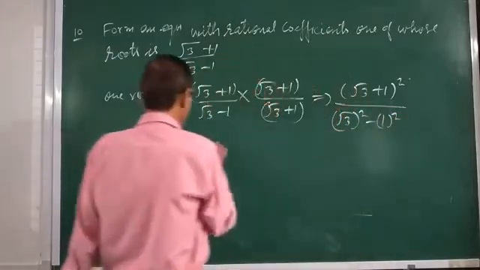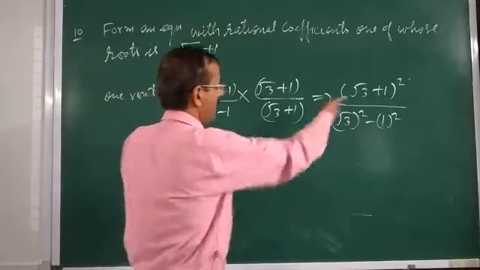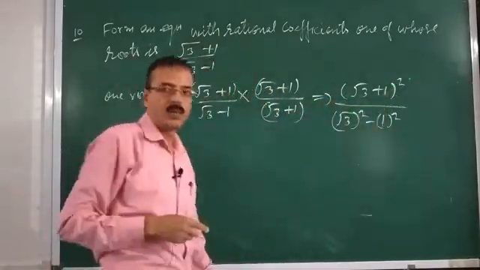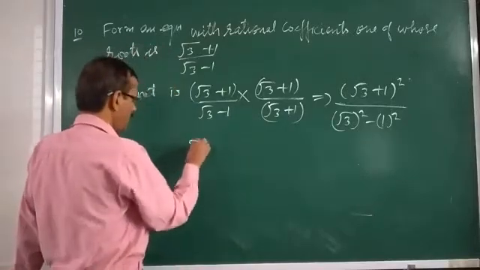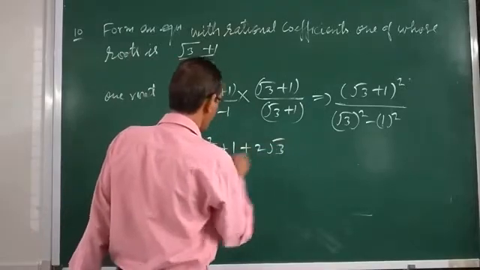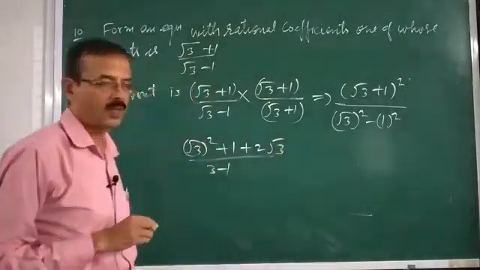In the numerator, apply the formula A square plus B square plus 2AB: root 3 square plus 1 plus 2 root 3, whole upon 3 minus 1.